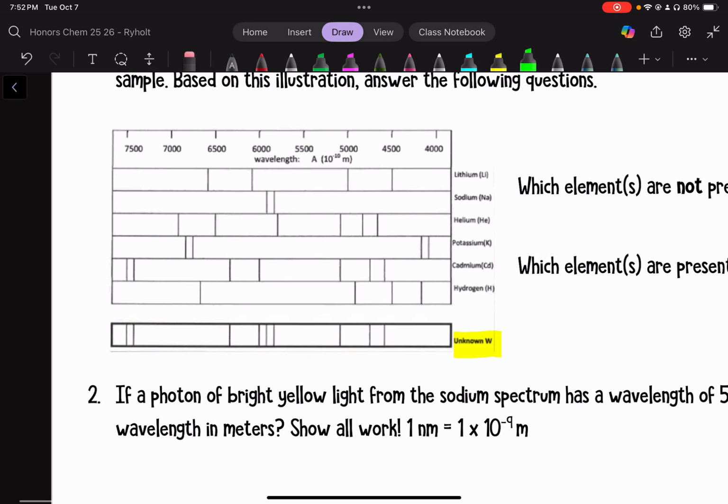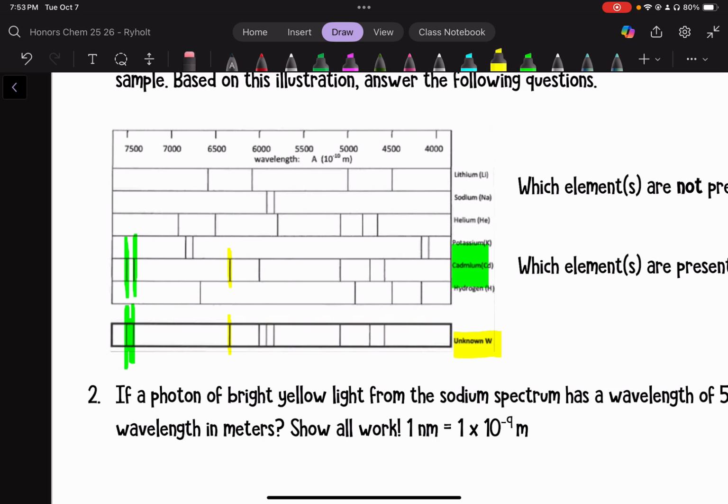I have these two here, and these two are present right here. That's the only place those are present, so I'm pretty sure that one has to be present in my sample. Then we have this one, and this is the only place, which is consistent with what we just said.